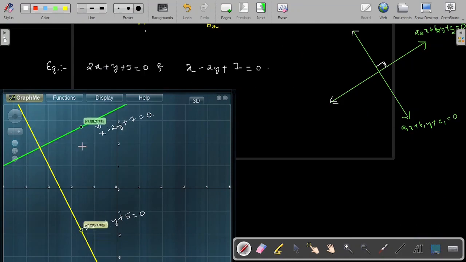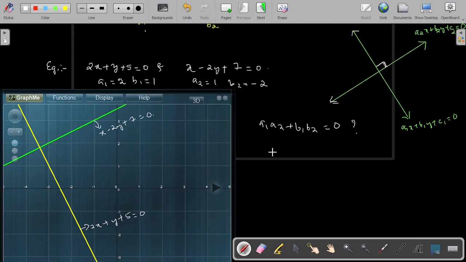When I draw the graph of these two lines, now I can see these two lines are perpendicular to each other. But algebraically, you have to check whether a1 a2 plus b1 b2 is equal to 0. So a1, the coefficient of x, is 2, b1, the coefficient of y, is 1. a2 is the coefficient of x in the second equation, and b2 is the coefficient of y in the second equation, which is minus 2.